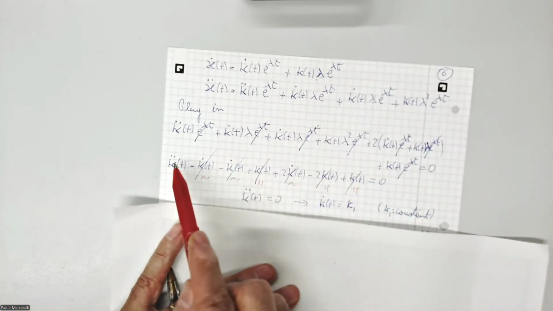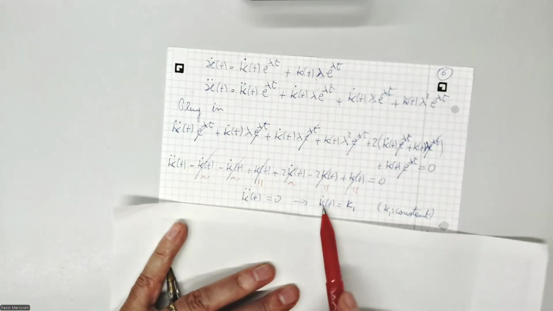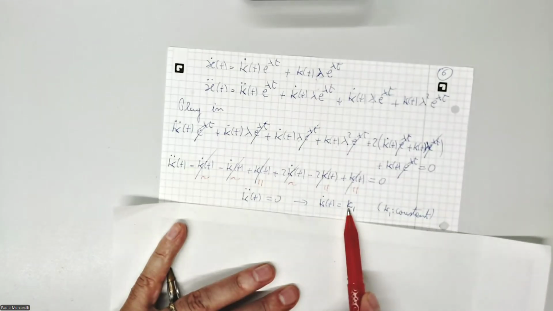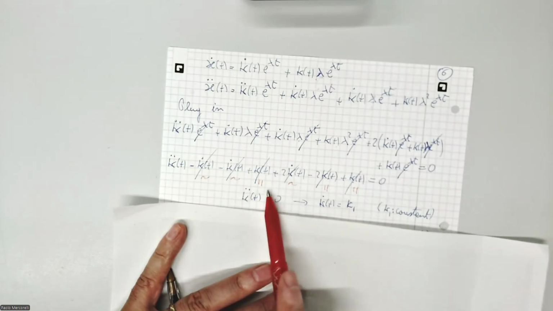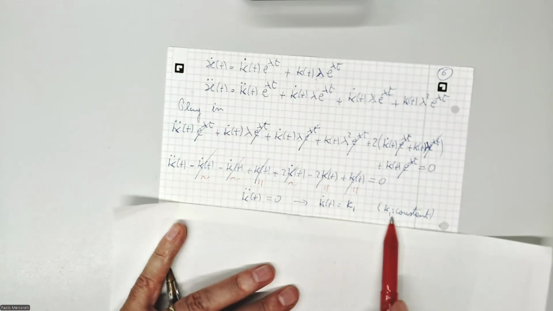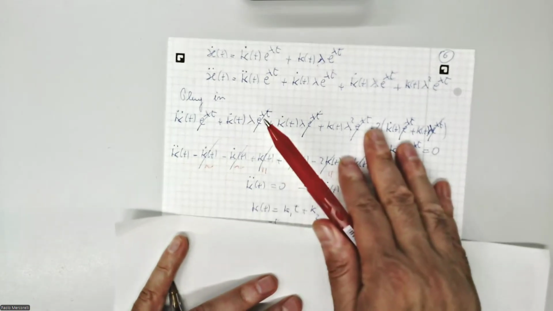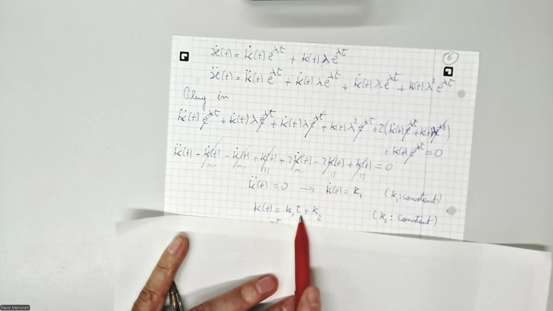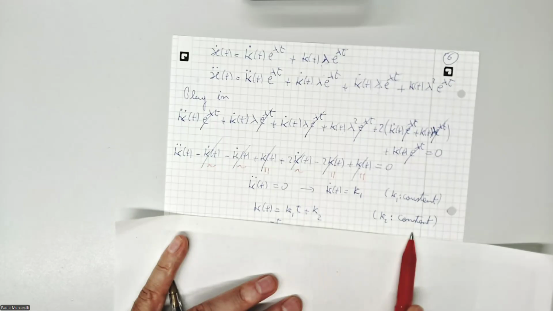K dot dot equals 0, and remains just this, which implies k dot equal k1. I think at the beginning of the semester we did something similar. From here remains k dot dot equals 0, which implies k dot equal k1, assuming that k1 is a constant. We have that k of t is k1 multiplied by t plus k2, assuming that k2 is a constant.